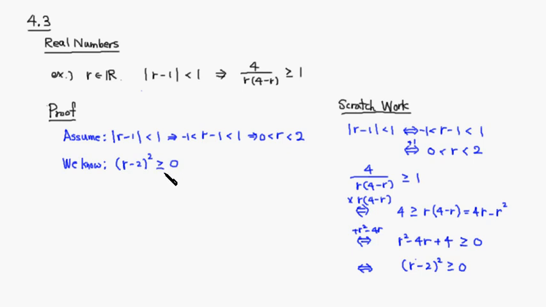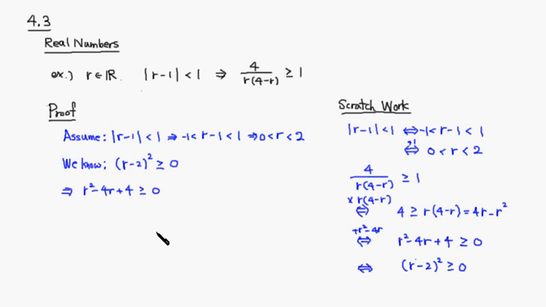So this inequality is always true, and this implies, going backward, that when you multiply out, you get r squared minus 4r plus 4 is greater than or equal to 0.